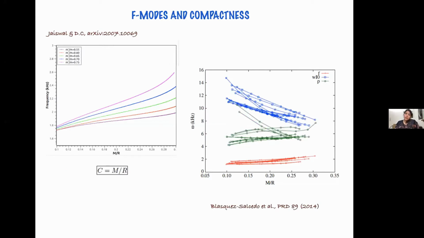The other interesting correlation that we can study is that of frequency with compactness, because compactness is something that is well determined, it could be from gravitational redshift, it could be from the NICER data, for example. And we also obtained the variation. There is not much available in the literature regarding this, but we found a recent paper from Blazquez-Salcedo, where they considered multiple modes.